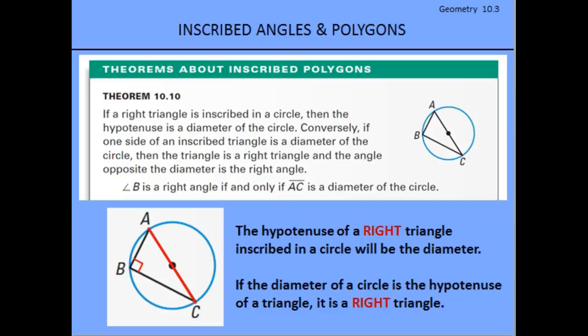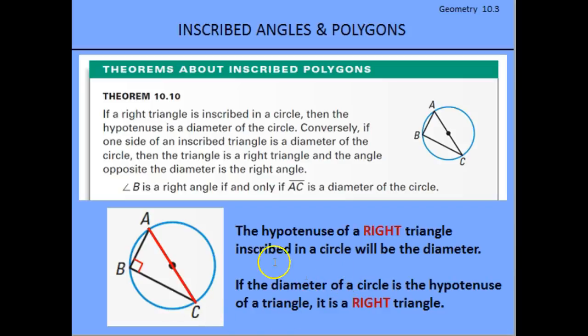Another theorem. If a right triangle is inscribed in a circle, then the hypotenuse is a diameter of the circle. Conversely, if one side of an inscribed triangle is a diameter of the circle, then the triangle is a right triangle, and the angle opposite the diameter, or the hypotenuse, is the right angle.